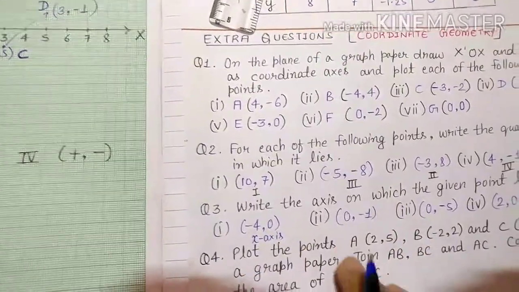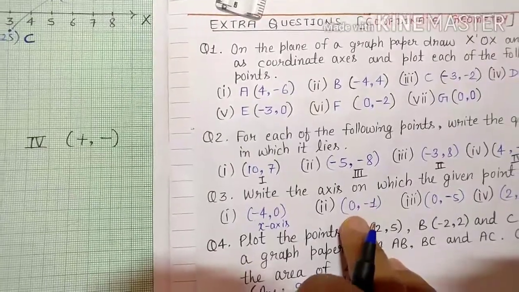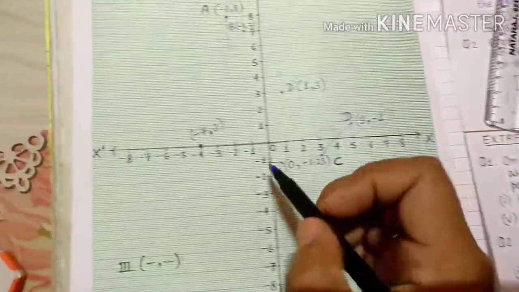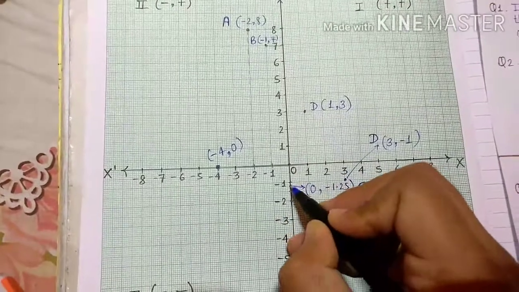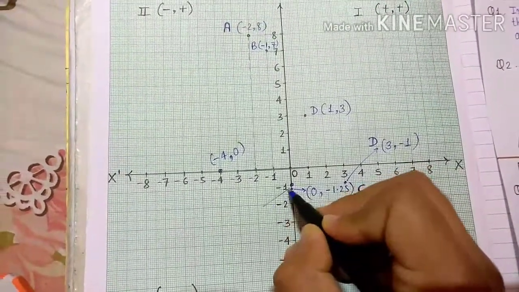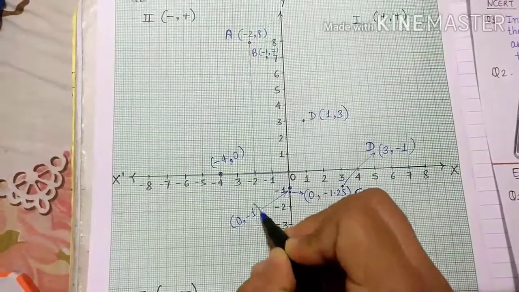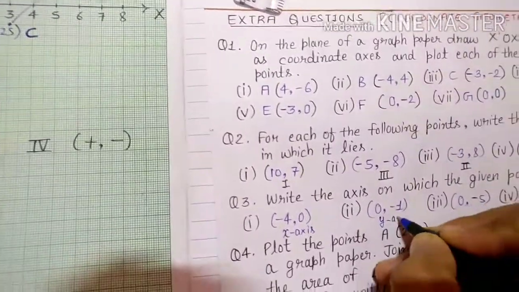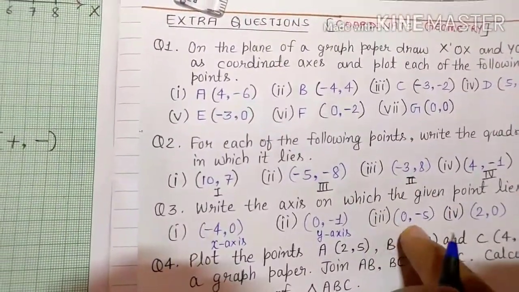Okay, now 0, minus 1. What is the value of x? 0. What is the value of y? Minus 1. So minus 1 we can locate here. This point shows 0, minus 1. Where does it lie? It lies on the y-axis. Then 0 comma minus 5.